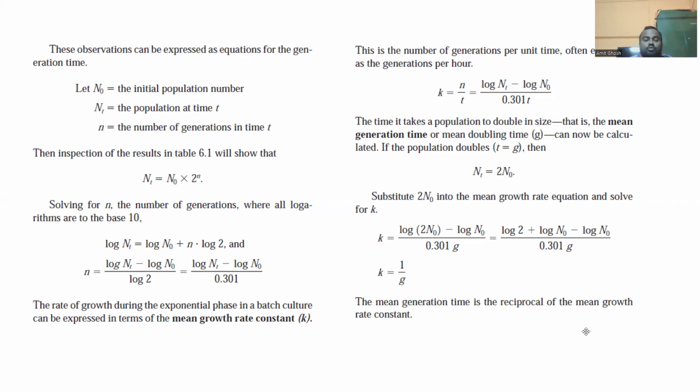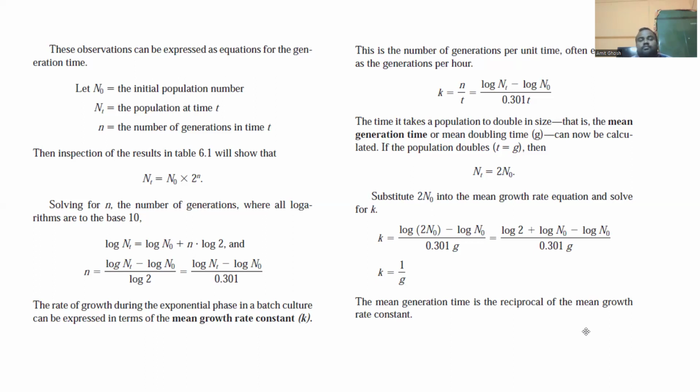So we can write K is equal to n by t, that is equal to log Nt minus log N0 divided by 0.301 t. Here the time taken for the population to double in size is the mean generation time or mean doubling time G, and can now be calculated.